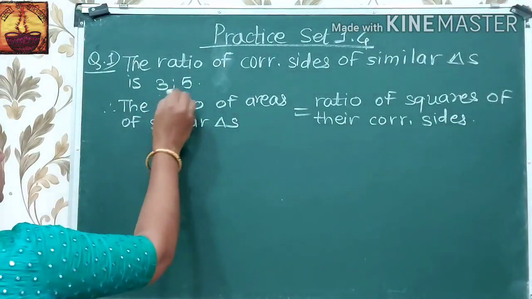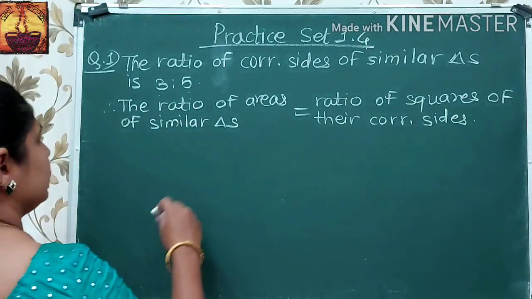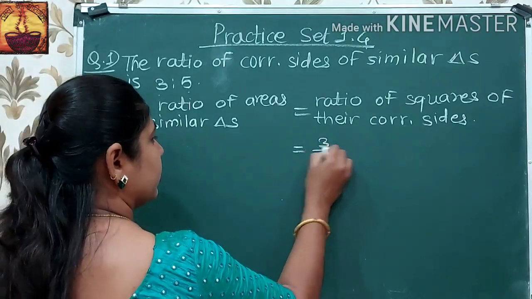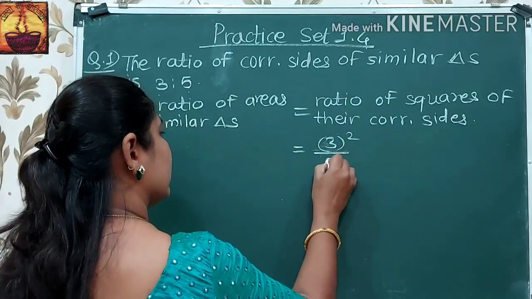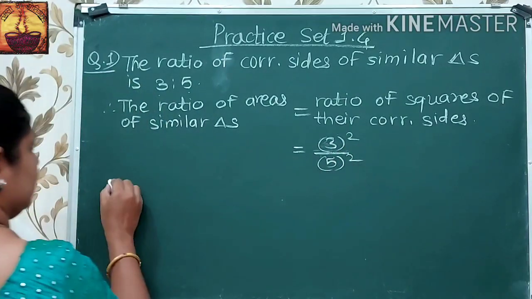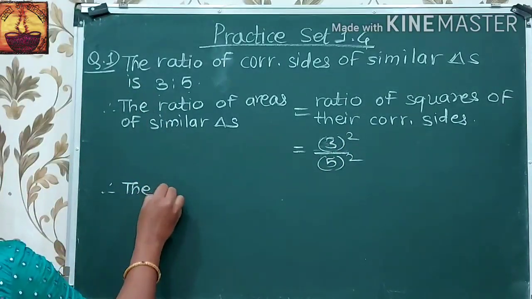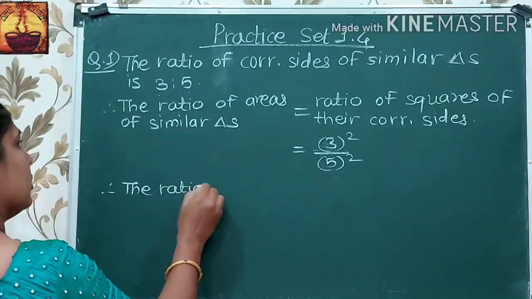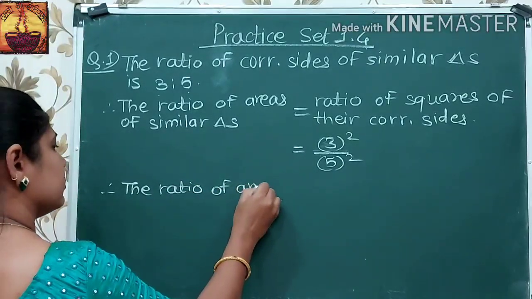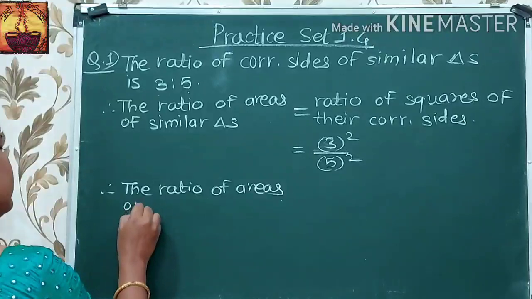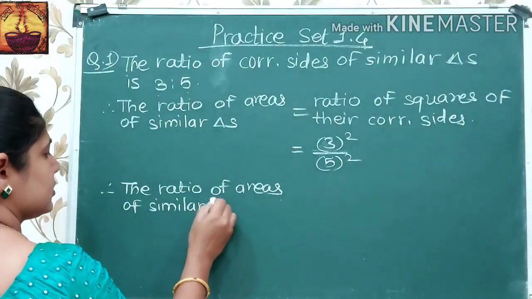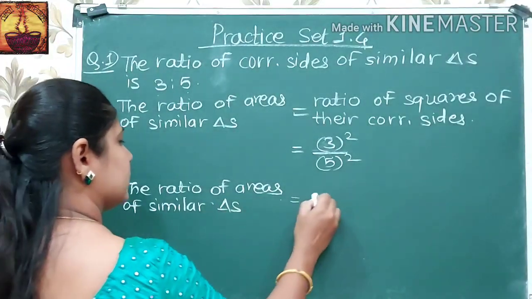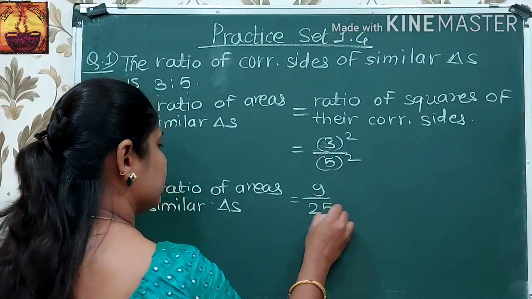We have the ratio 3:5. Therefore, it is equal to 3 square upon 5 square. Therefore, we get the ratio of areas of similar triangles is equal to 9/25.